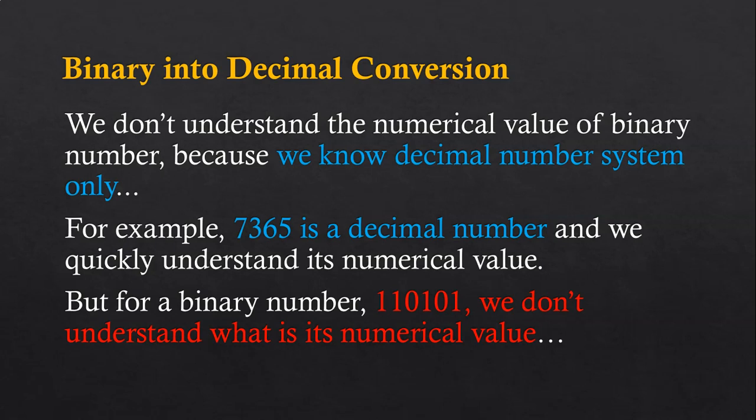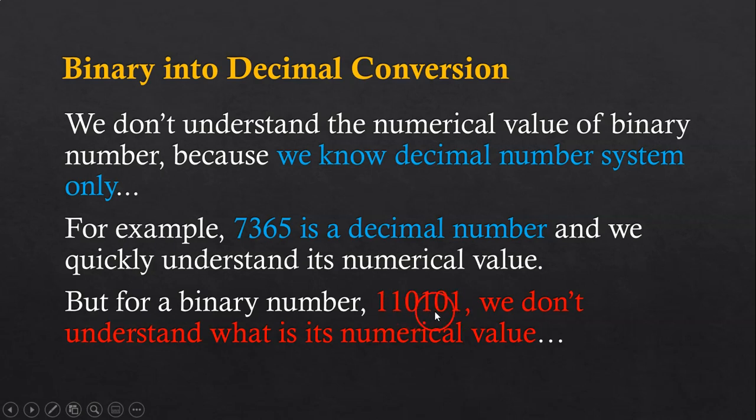And for a binary number, if I write 110101, we don't understand the numerical value, because I told you already that you don't have to read this number in decimal style. It is not 1,10,101.